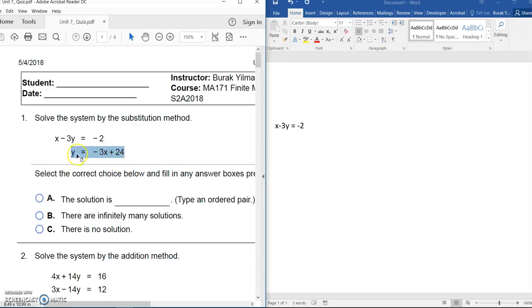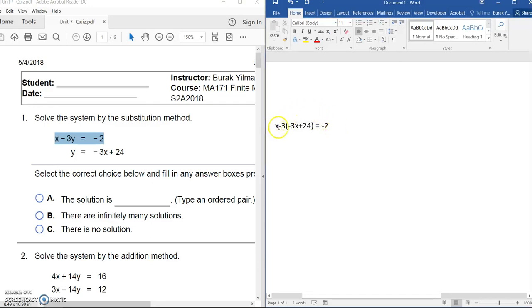So obviously we're going to substitute y with negative 3x plus 24 in the first equation here. So I copied the first equation here and I put y in parentheses and just delete it, and instead of y I just put negative 3x plus 24 and then solve it that way.